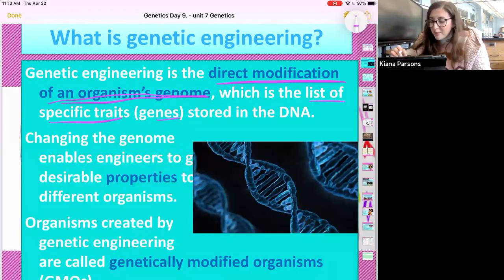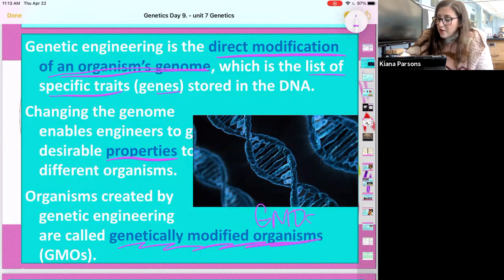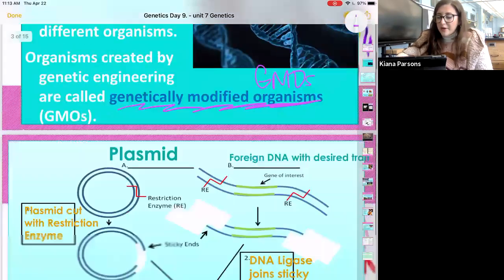Changing the genome enables engineers to genetically enhance desirable properties and to insert them into different organisms. Organisms created by genetic engineering are called genetically modified organisms, or GMOs for short. The stuff in dark blue is what you're filling in on your paper.